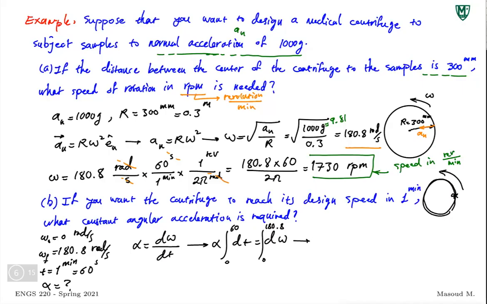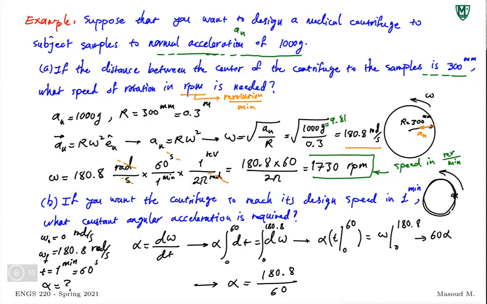So alpha times t, from 0 to 60, that would be multiplication, is equal to omega from 0 to 180.8. I skipped a step here: 60 times alpha is equal to 180.8.